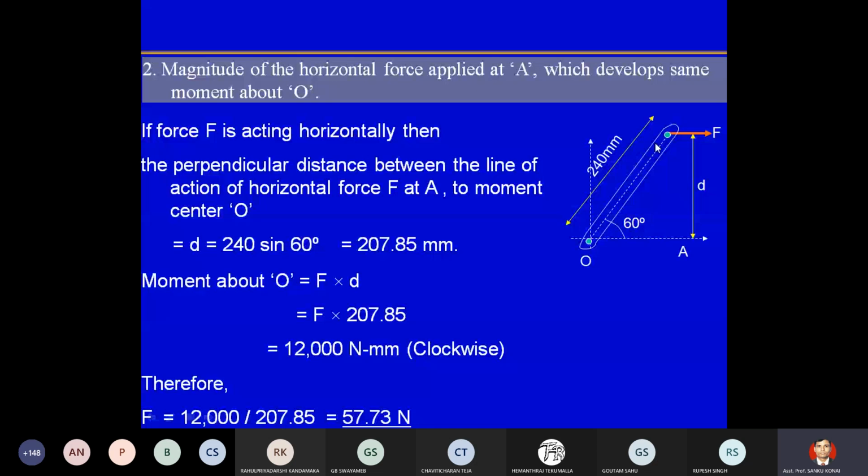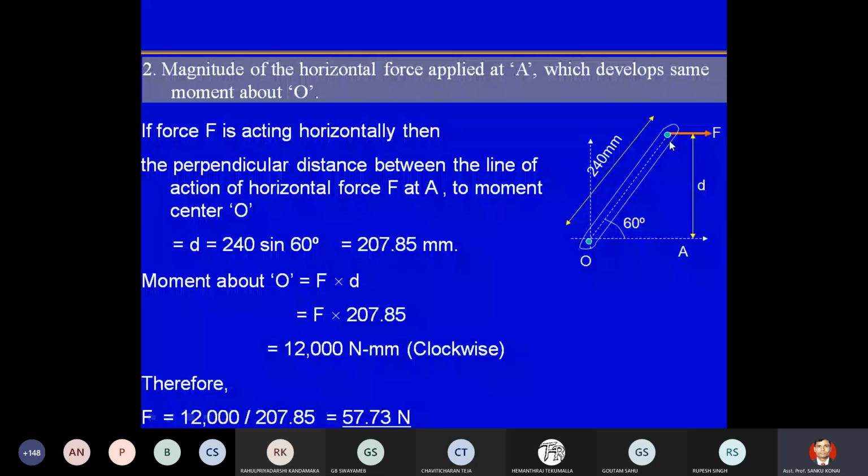F is acting horizontally, so you have to take the line of action of F and find this perpendicular distance. If this was your cos 60, this will be your sin 60, that vertical distance. So D will be 240 sin 60, that is 207.85 mm. That is the perpendicular distance with respect to this horizontal force.